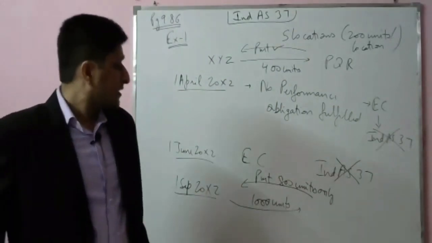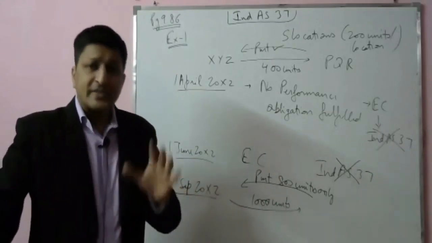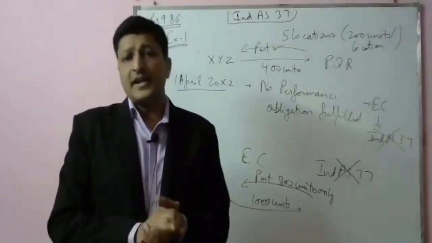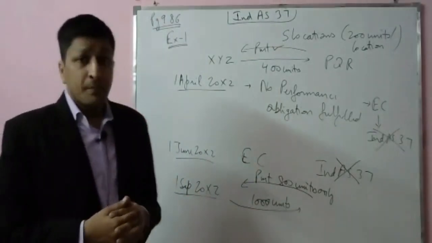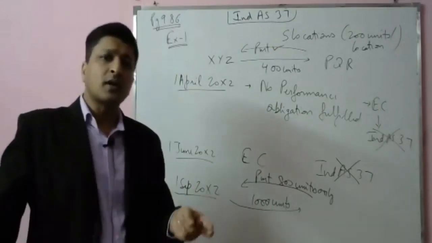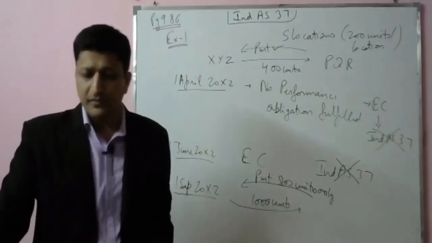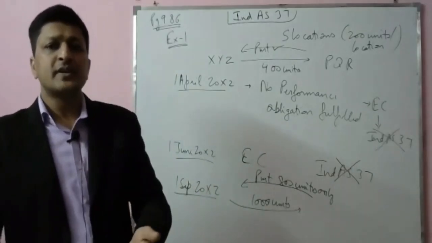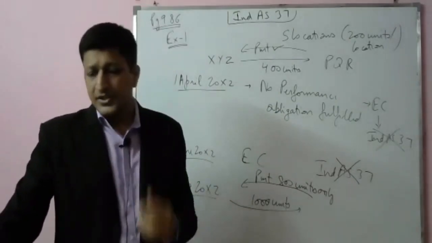Let's try to understand. On this day, one thing is for sure: this contract is not completed. Why? This contract is still going on, because 100% of the performance obligations are not completed by both the parties. So that's why it's in process, number one. Secondly, we need to understand the performance obligations of both the parties. Are those equal now?